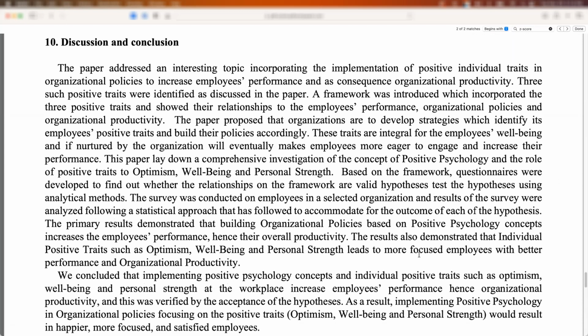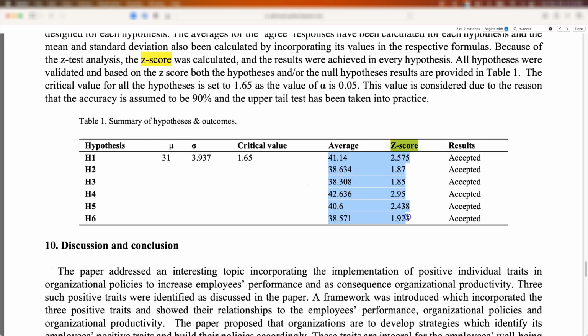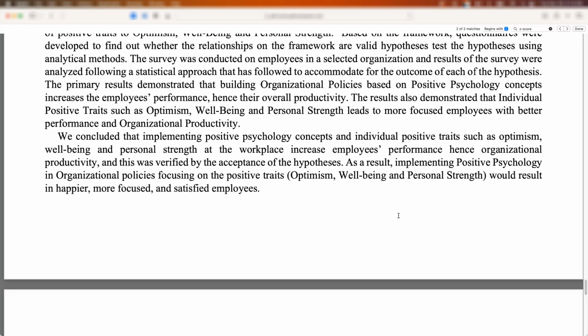Their conclusion here: the survey was conducted on employees in the organization, and the results demonstrated that building organizational policies based on positive psychology concepts increases the employee's performance, hence their overall productivity. Now, if we looked at this and found that the scores were not positive, well, then that's going to be taking us in the other direction, meaning it did not support that.